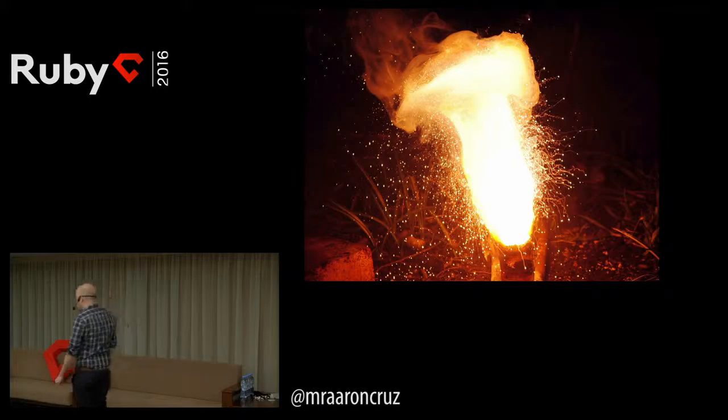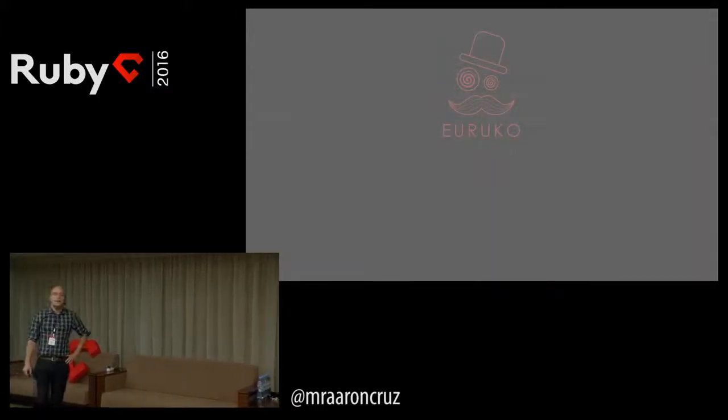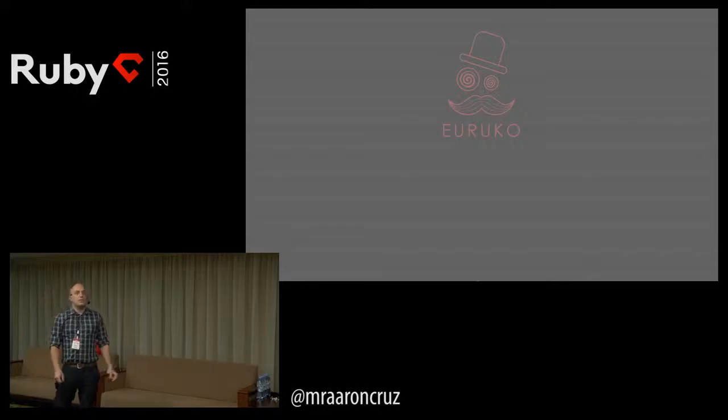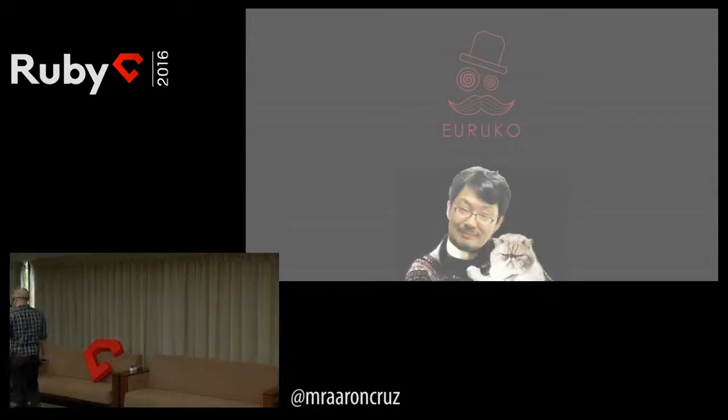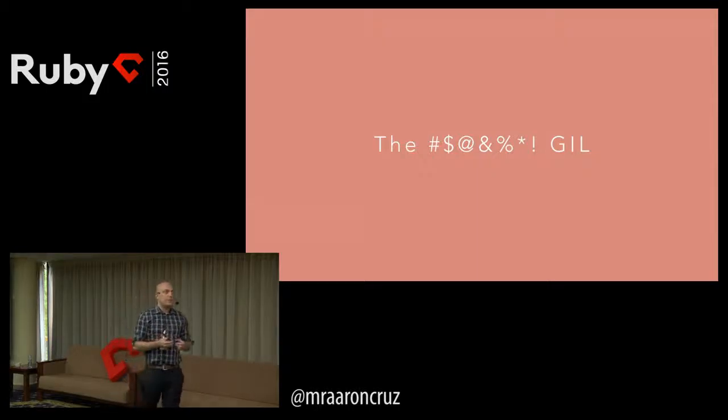So I was at Euruko 2015, and Matz gave a talk about the future of Ruby and what's going to happen. He talked a bit about the GIL, or Global Interpreter Lock, and what the future is of that. If you're not familiar with the Global Interpreter Lock, it makes Ruby, our MRI version of Ruby, so only one thread can actually do something at the same time.